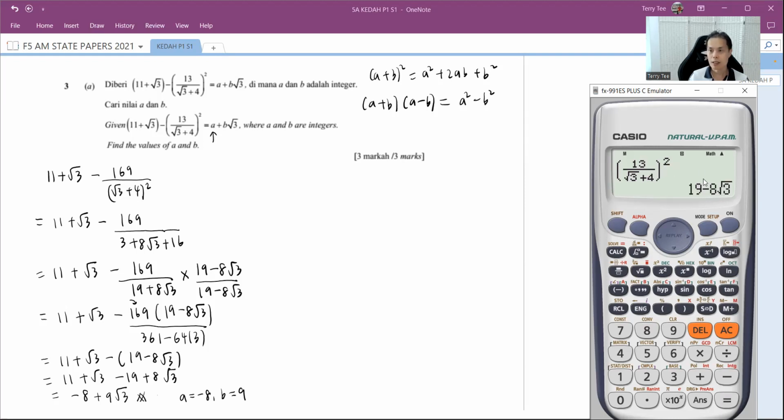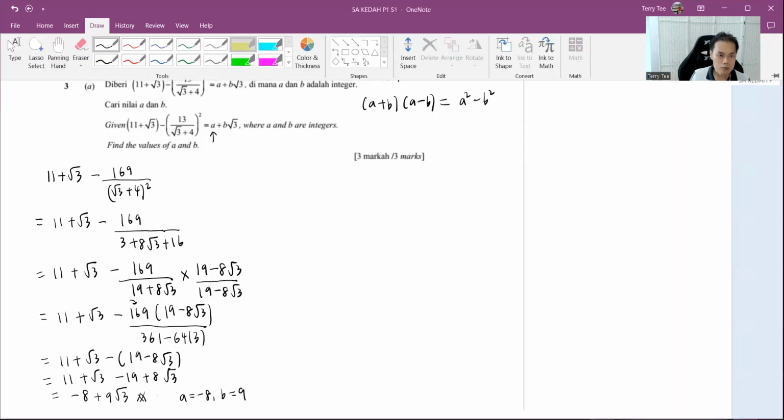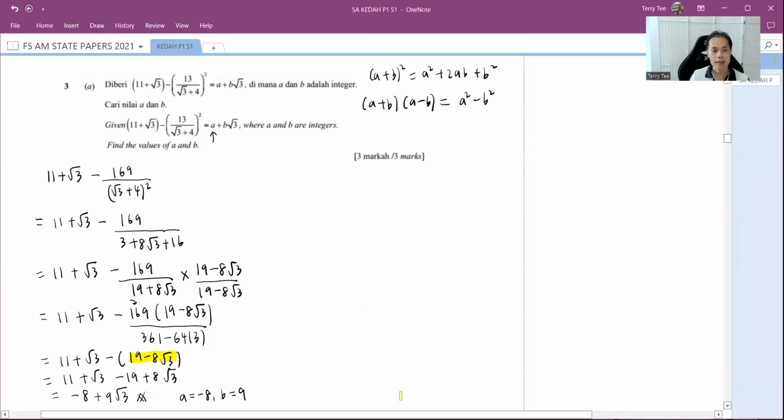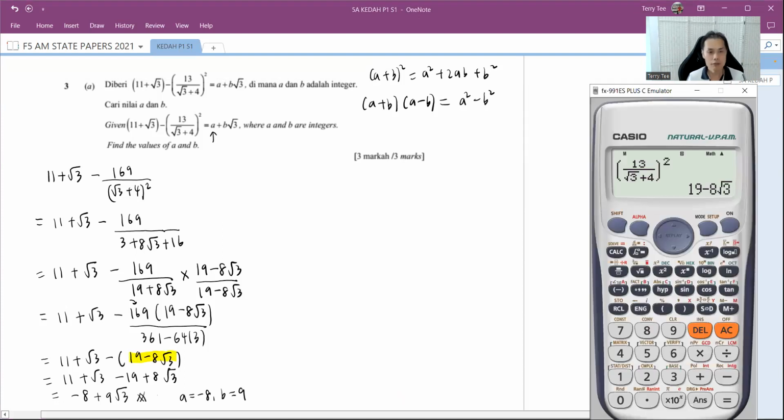I got this 19 minus 8 surd 3. You can see here, let me highlight for you, and then you subtract the 11. But of course, the usage of calculator is illegal. You should actually show step by step how you get to this answer. This calculator is for you to double check.